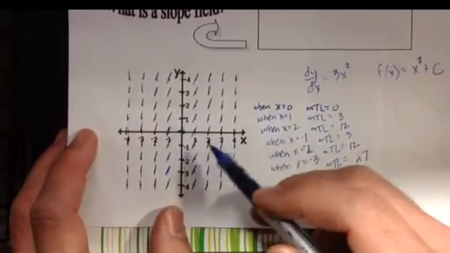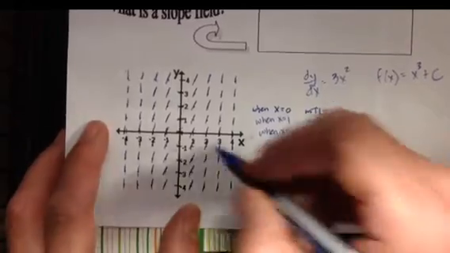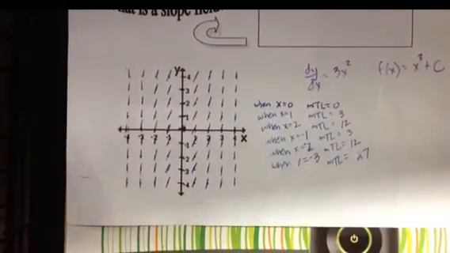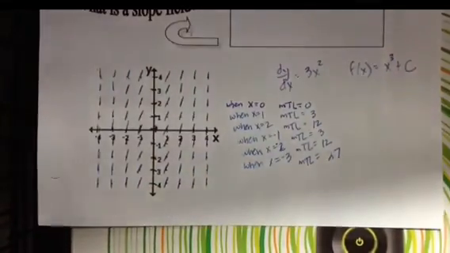One thing they might ask you to do is say, if there was a solution at (0, 0), what would the function look like that would contain that point? Well, obviously we know it would be x cubed, because x cubed contains that point.